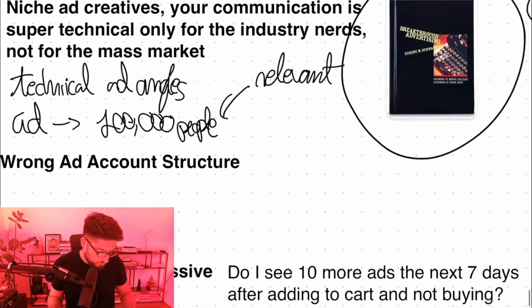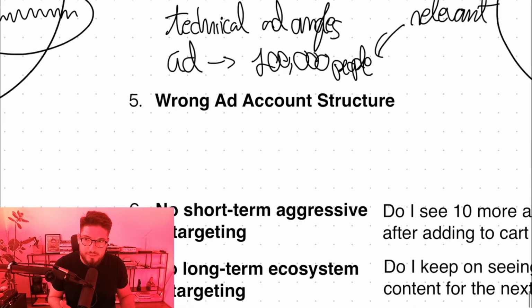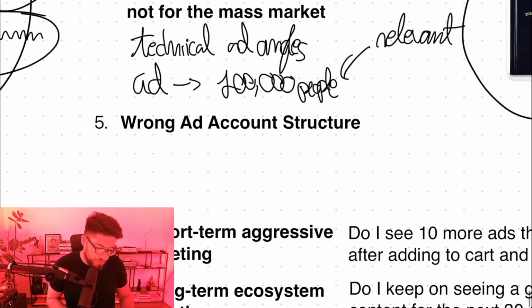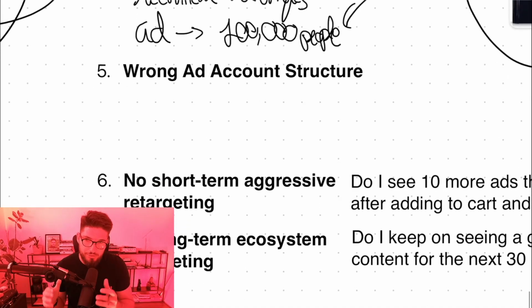So be relevant for as many people as possible in your cold traffic ads. Wrong ad account structure. You've got videos about this on my channel. Basically, it depends on how many products you have in your store. If you're selling one product, the ad account structure has to be based on angles.